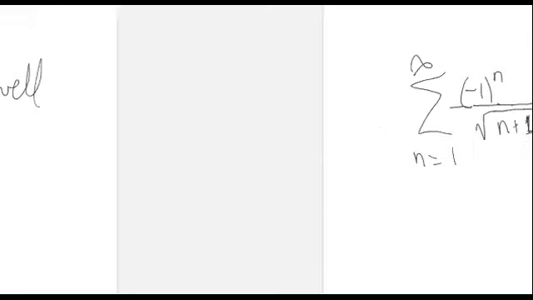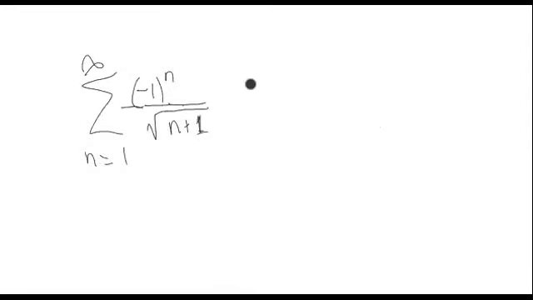Let's try to use the ratio test on this series and see what happens. Now remember, our setup is something like a_{n+1} times 1 over a_n. So we're going to take the reciprocal of this. We're also going to focus on absolute values because this test only focuses on absolute convergence.